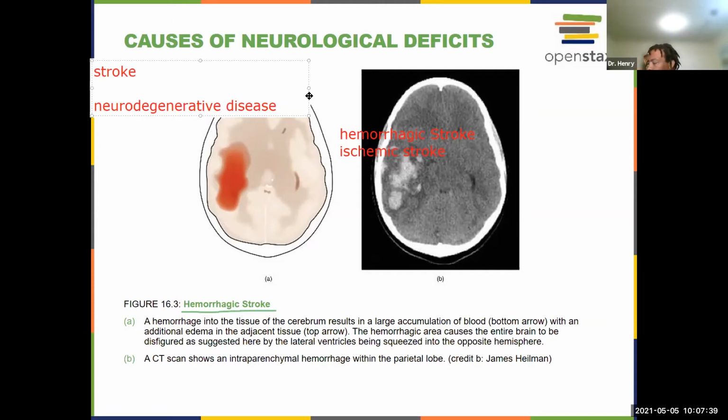So for instance, multiple sclerosis basically affects the myelin. And what does myelin do? What is the purpose of myelin? Anybody remember?